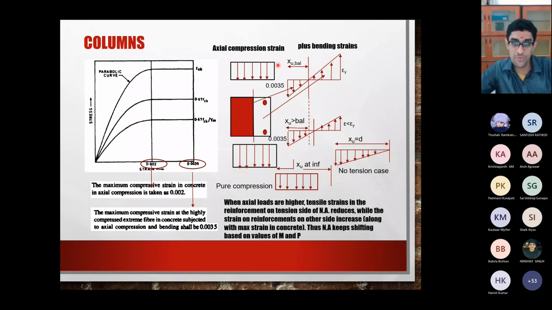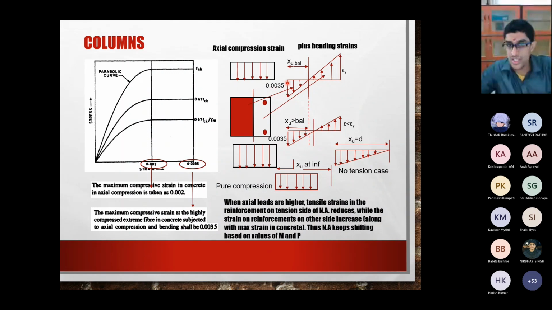If you have pure axial compression, then this is how the stresses will be distributed across your cross section. If it is going to be bending, then this is how the strains will be distributed, in the form of a triangle, this double triangle which we have already seen.